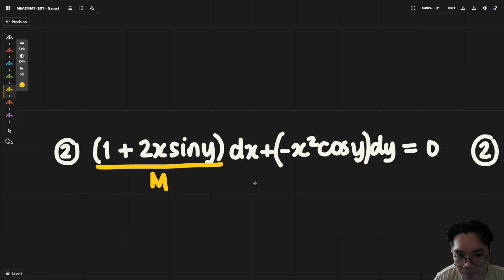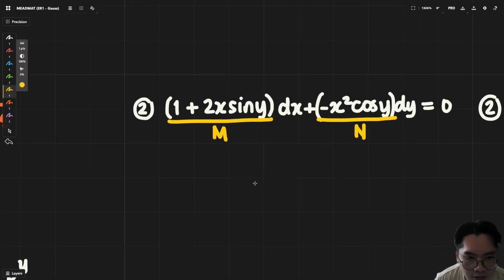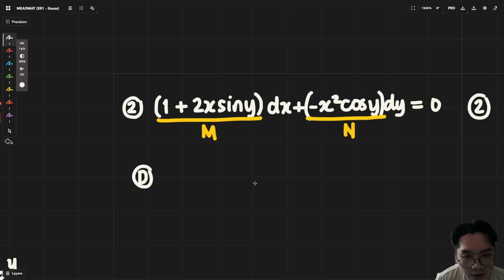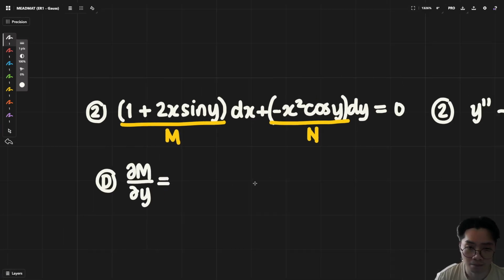This is your M because it's stuck to the dx. This is your N because it's stuck to the dy. Let's perform a check first. When you derive M with respect to y, this just gets cancelled, so this becomes 2x cosine y.